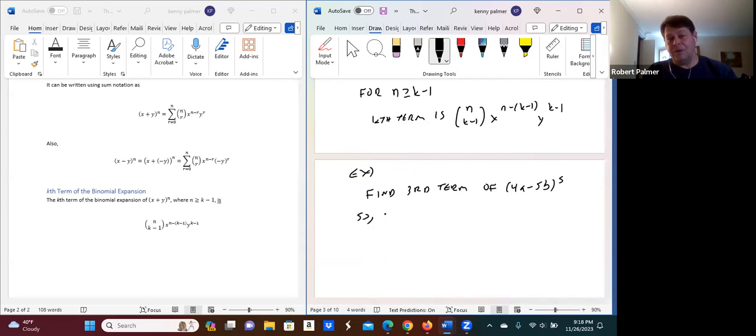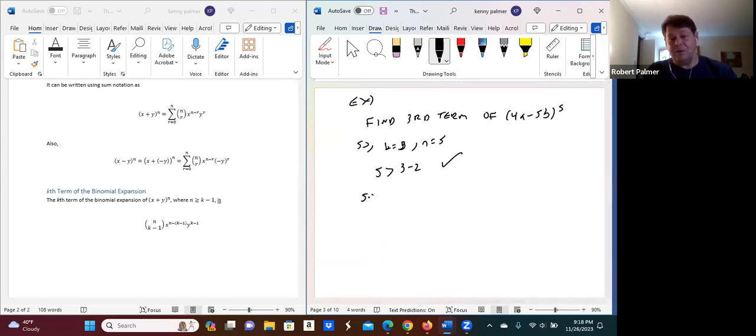So k is equal to 3. First off, let's check. So we have our n is equal to 5. So we have 5 is greater than 3 minus 2. Okay, that's correct. That's true. So we can do this.